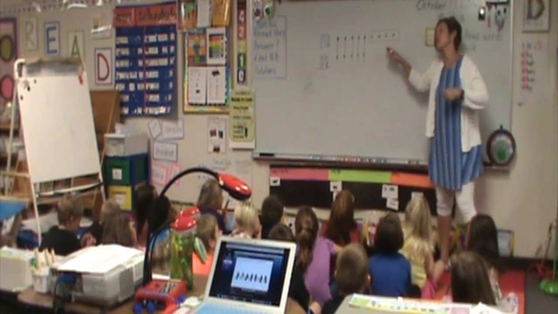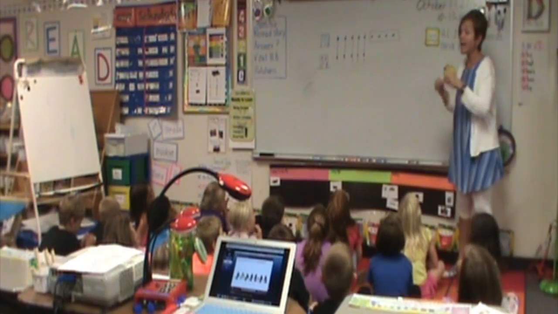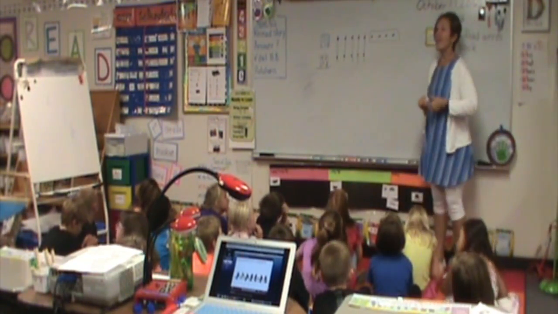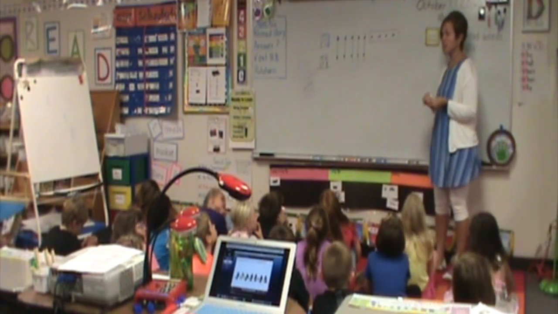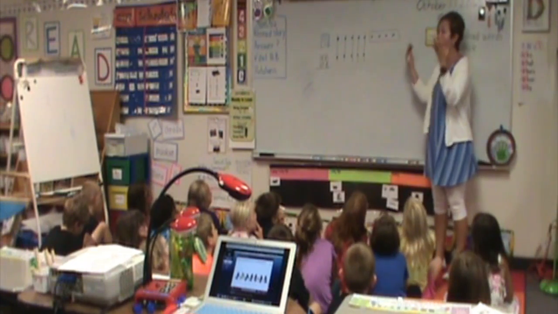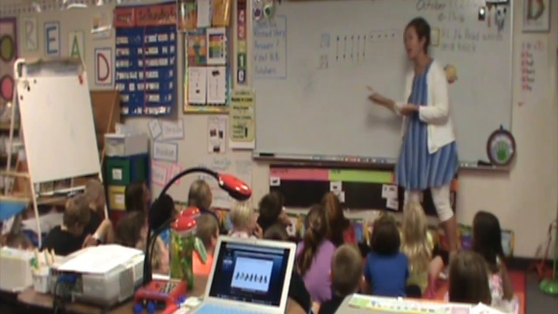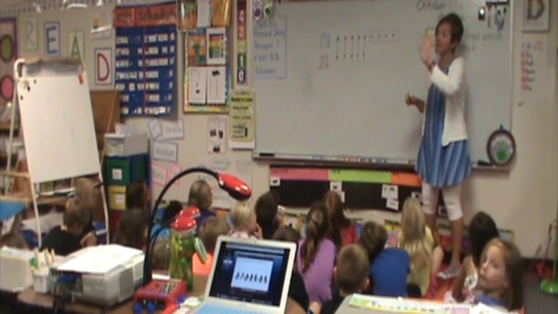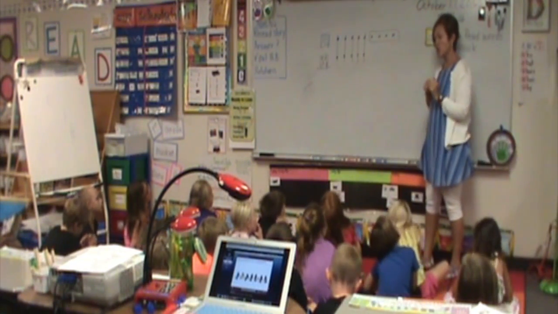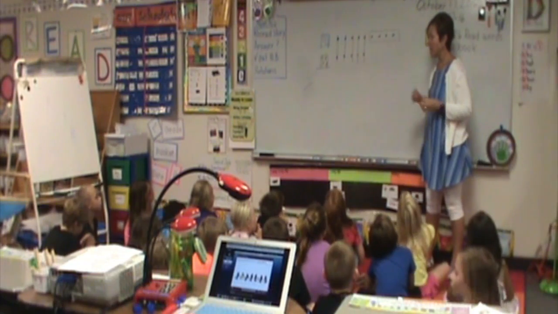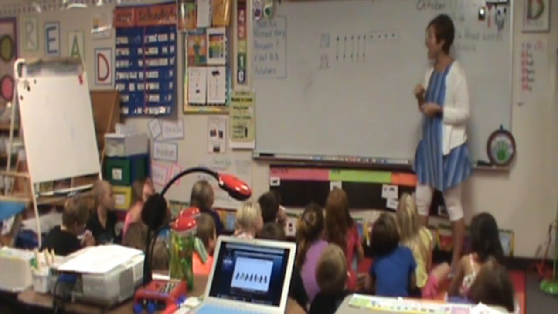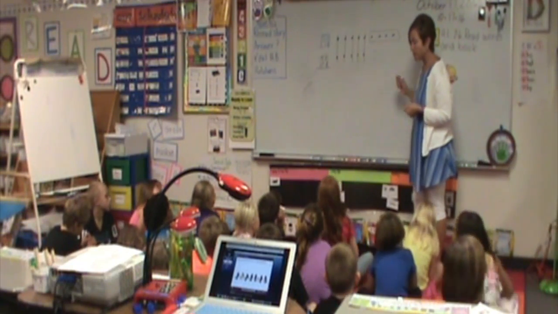Now I'm only going to use the strategy when I compare 2 numbers, okay? So, if I was to write a number sentence, remember I can't use my whole. I'm not going to count all of my hats. I have to take my blue striped hats minus my orange polka dotted hats to figure out what my answer is. Let's see. Roxy, what would be my first number?